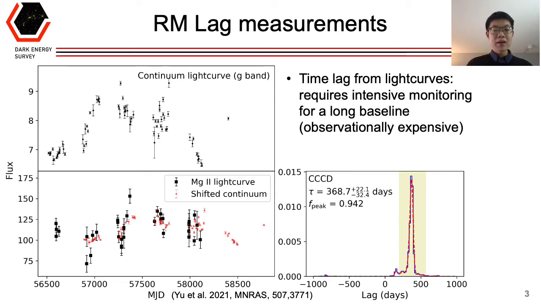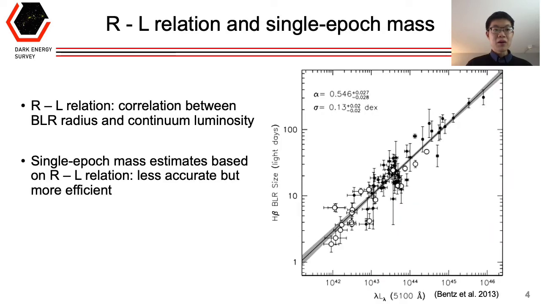Measuring the time lag is observationally expensive, since we need to monitor the targets for years to derive the light curves. An important finding in previous reverberation mapping studies is a strong correlation between the broad line region radius and the AGN continuum luminosity, as the example shown in this figure.